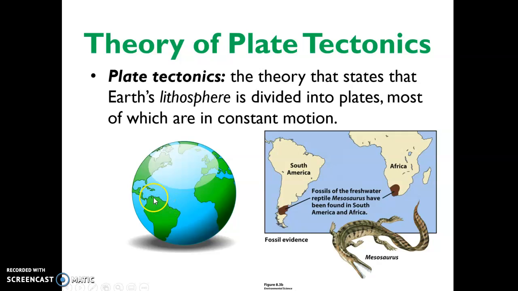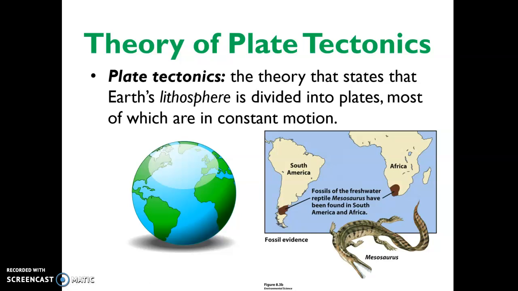So if you looked at, say, South America here and slid it closer over to Africa here, these coastlines would actually kind of line up. If you moved North America over as well, you would see they would line up with Northern Africa and Eurasia. Particularly if you took this piece of continent here, Greenland, and moved it down as well. And it would all fit together like a puzzle piece.